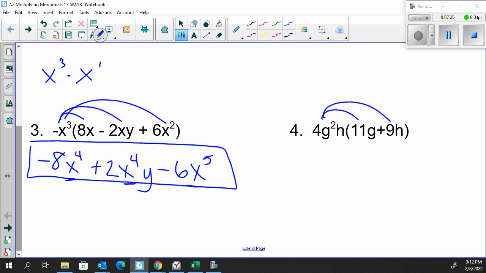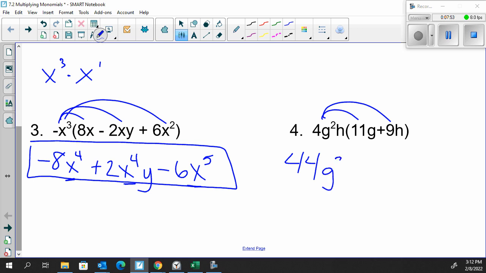Distribute, what do you think it is, Tyler? Yeah, you're really close. So 4 times 11 is 44. g squared times g, what's that? g to the third.